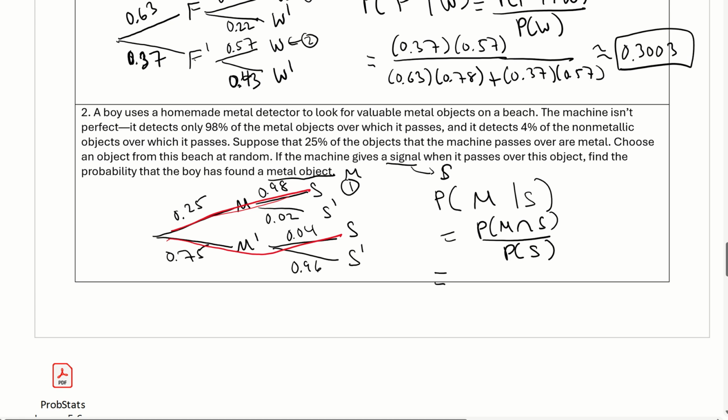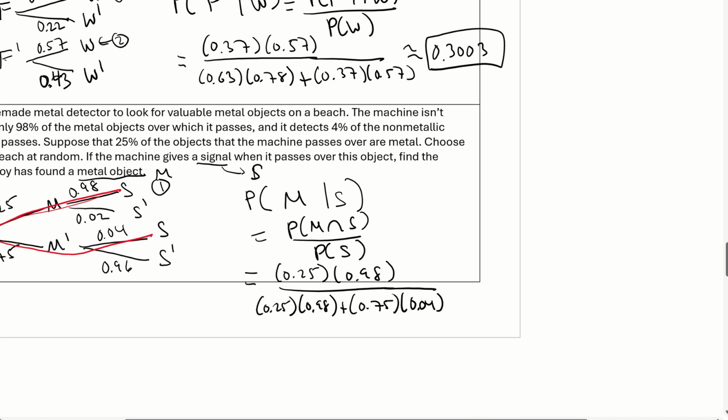So these two are the pathways for signal on the bottom. On the top, for the numerator, you just have M and S. So 0.25 times 0.98 divided by 0.25 times 0.98 plus 0.75 times 0.04.